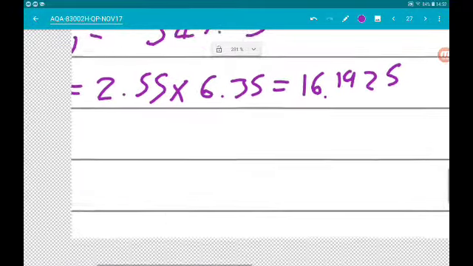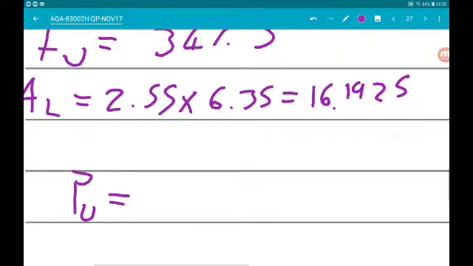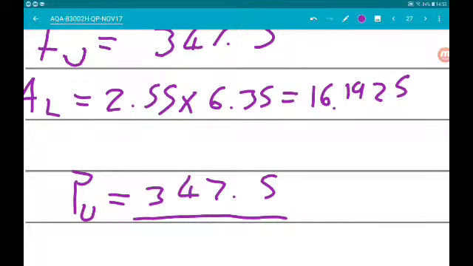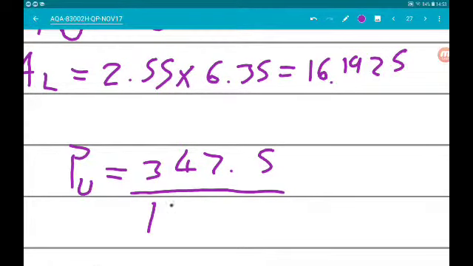So, the upper bound of our pressure is 347.5 divided by 16.1925, and that is going to give us 21.46 newtons.